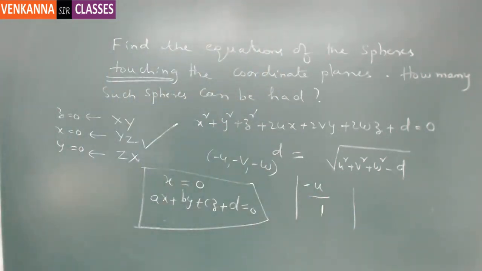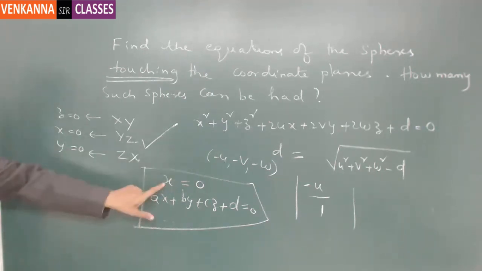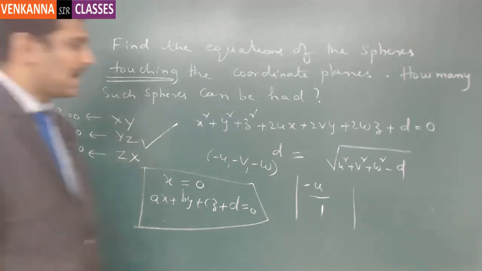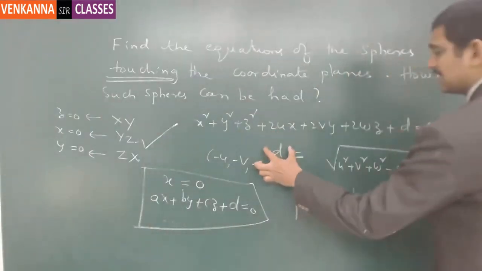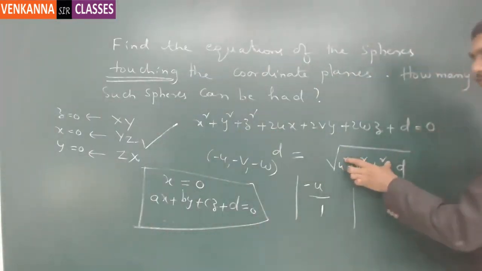Accepted? Please check the distance formula, all of you, calculating the distance formula for the center and this plane equation: modulus of ax1 plus by1 plus cz1 plus d by square root of a square plus b square plus c square. So you have distance is equal to radius.